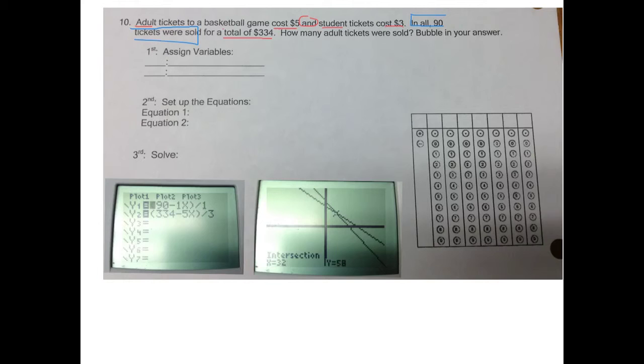So those are two different equations. This blue one can be equation 1, and this red one can be equation 2. We have to assign some variables first, so what I did was x went with adults because that was first, and y went with students because that was second for me. So x is adults, and y is students.